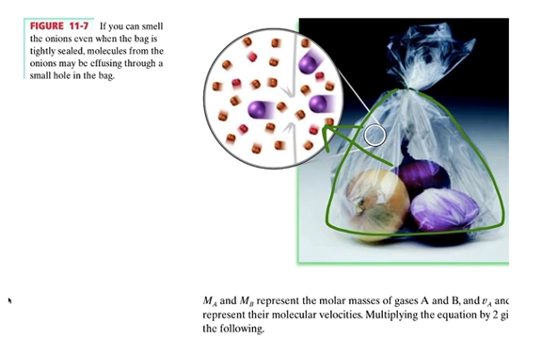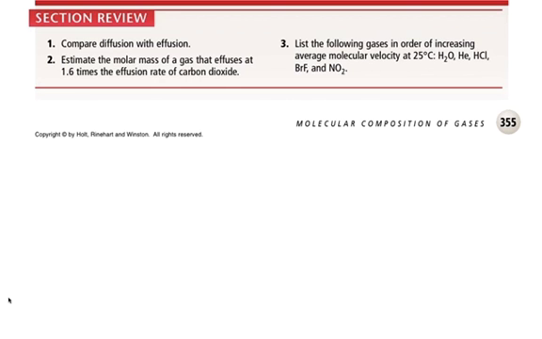There are very small holes in the plastic, none that we can see with our own eyes, but small enough for molecules to move through over time. So simply, diffusion is one gas moving out into the world, expanding itself. Effusion is a gas moving across a certain barrier.